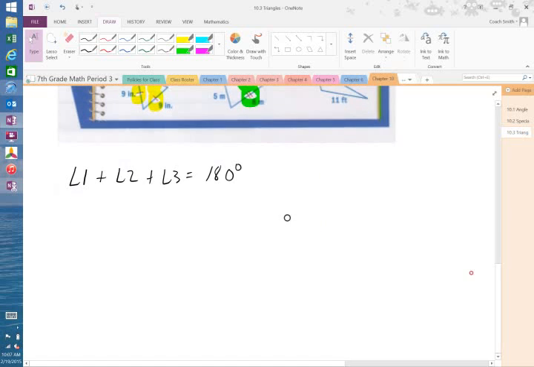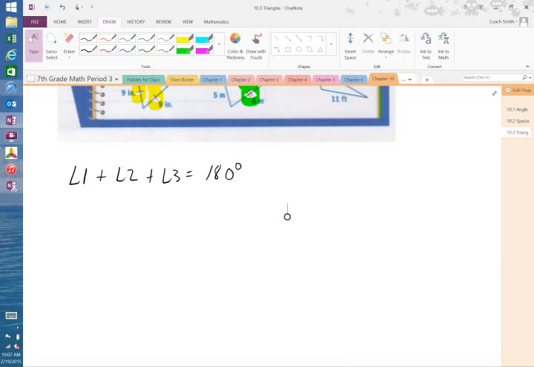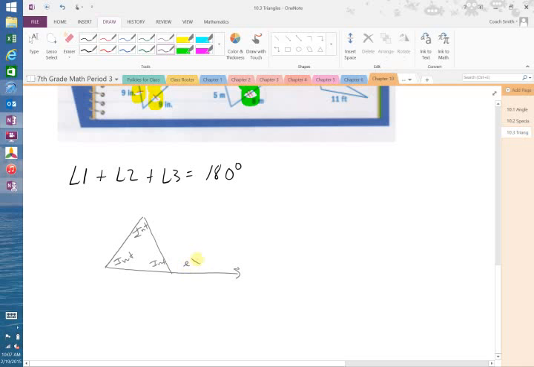Now, the other thing that we need to talk about is what we copied up at the first. When we have, for example, a triangle that looks like this, this is the interior angles. This is the exterior angles.